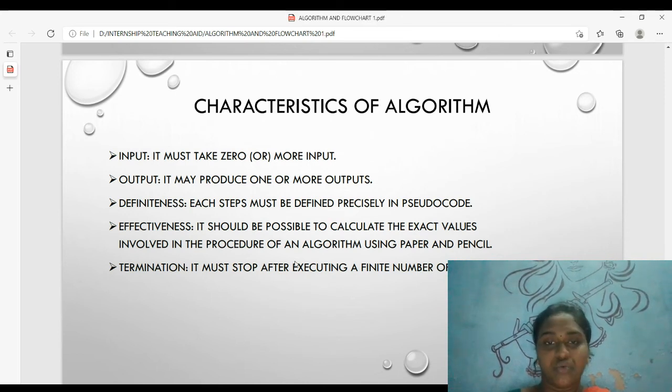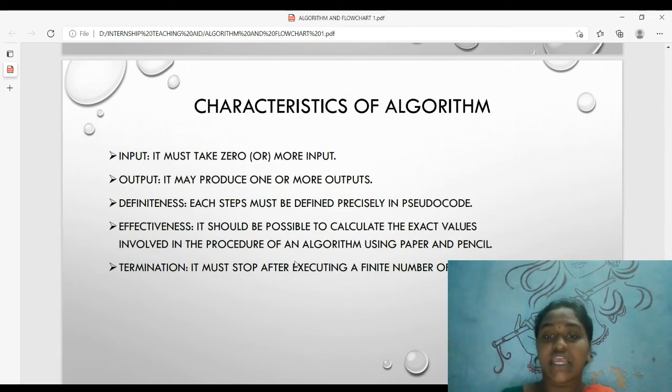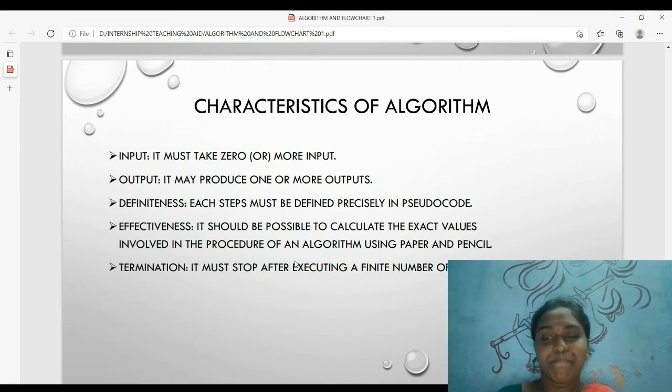Whatever we do, we expect it to end in a perfect manner, so the effectiveness of the work gives perfect results. We should make it possible to get the exact value in the procedure of an algorithm.